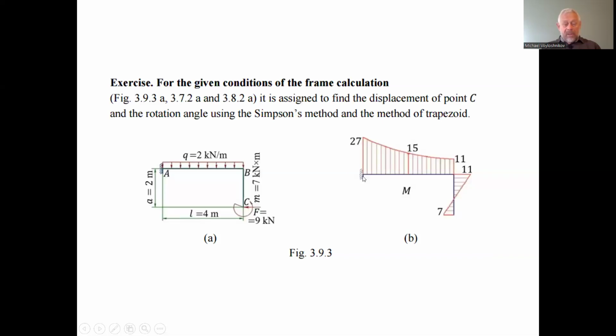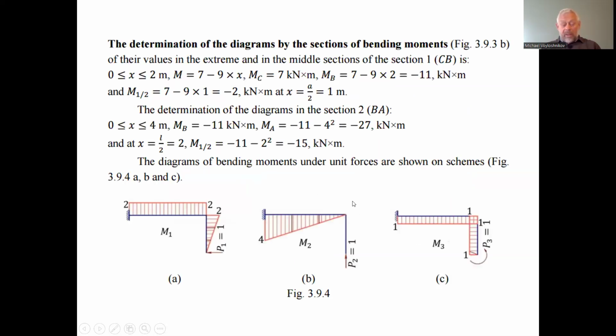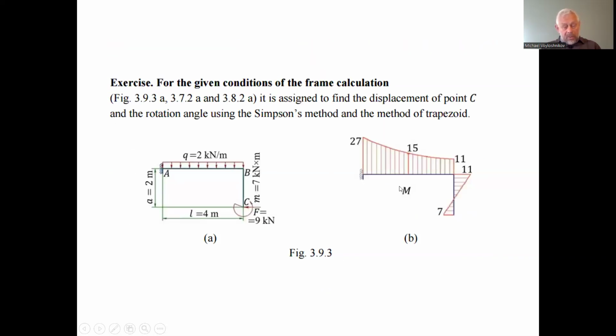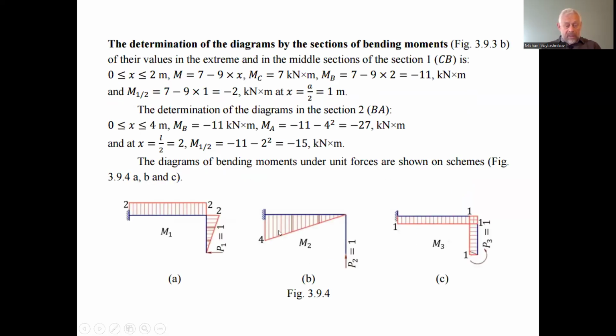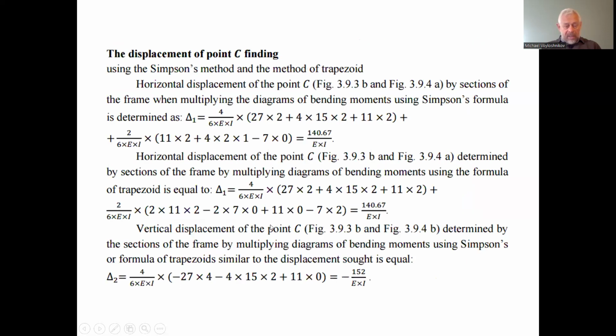The rotation, the bending of the mechanical system element 1 is counterclockwise. On the second we have, the first is rotation clockwise, as the diagram is determined on the stretched fibers. And the second is the rotation counterclockwise. We assume these diagrams have other signs, so the product is equal to -4.